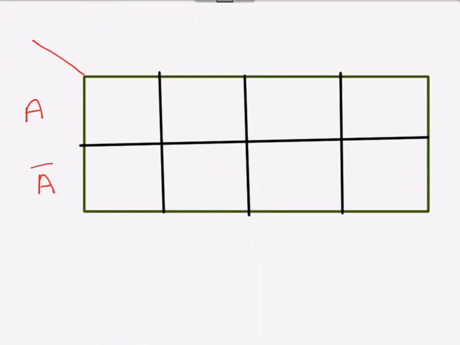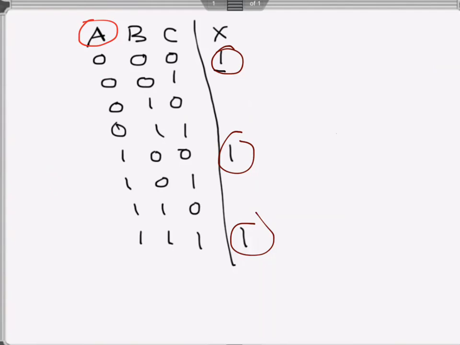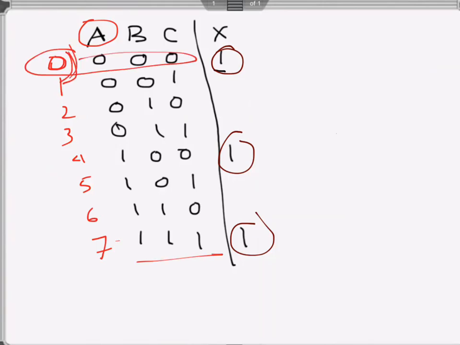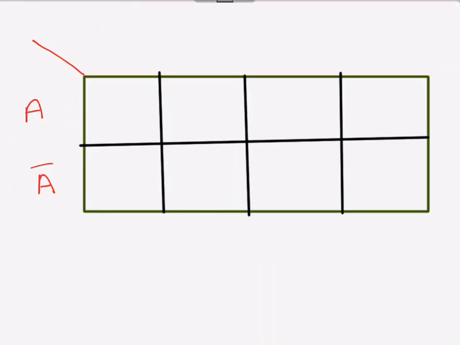If I write in decimal, 0, 1, 2, 3, 4, 5, 6 and 7. When we transfer, each cell will represent one of these inputs. So we'll see how each cell represents what.